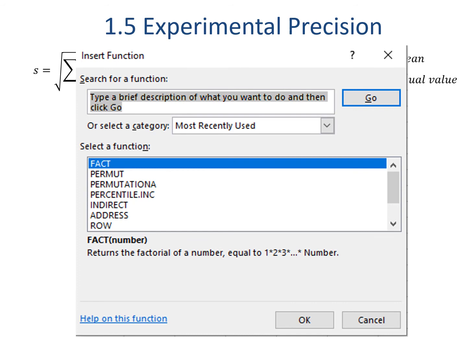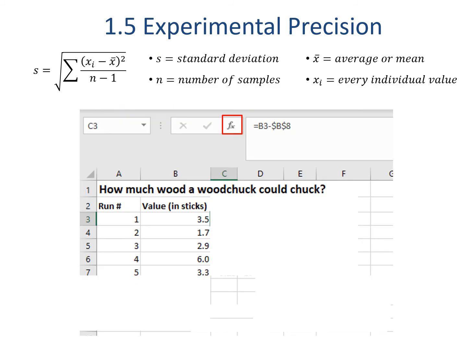Then we can type in average, and it would give us a list of the closest matches. We can calculate average by typing equals average, then a parenthesis, then a cell locator, which is a letter and then a number, and that cell locator would be the first value in our average. So in this case, our average starts in cell B3.